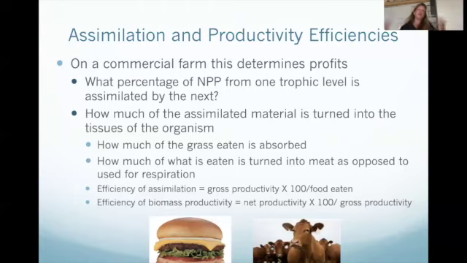Believe it or not, I want a fat cow because when I butcher it, that becomes my profit. I can't make profit off of the feed that goes into poop, right? So we want high amounts of assimilation. And so we're going to alter our cow's diet to limit the amount of poop and increase the weight gain that's coming off of this cow.